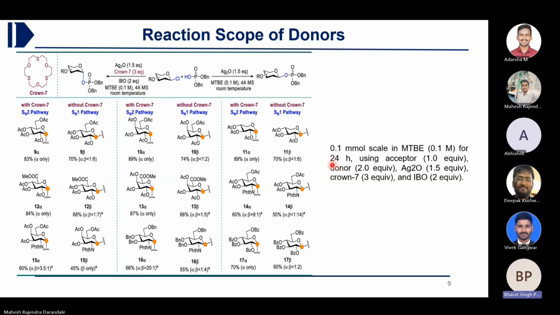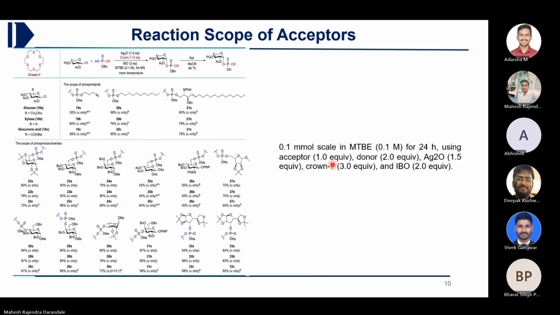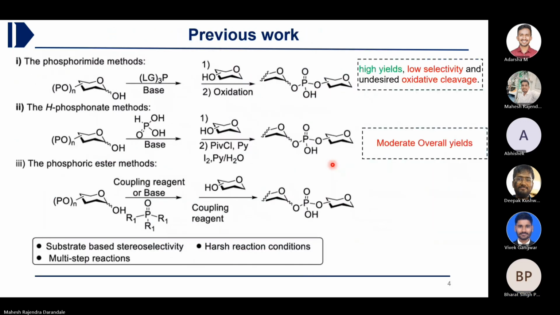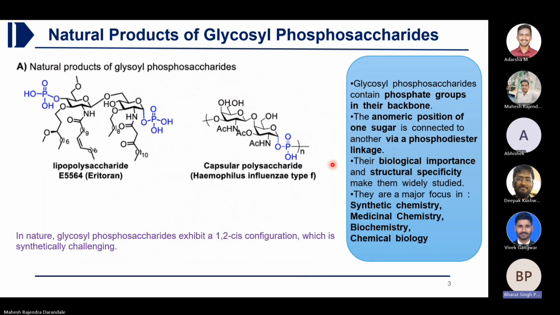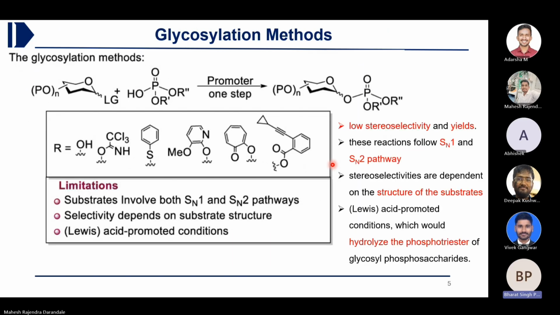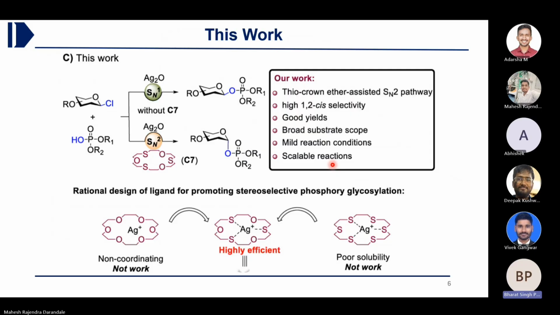Getting the 1,2-cis product of the glycoside is still rare. It's still challenging.